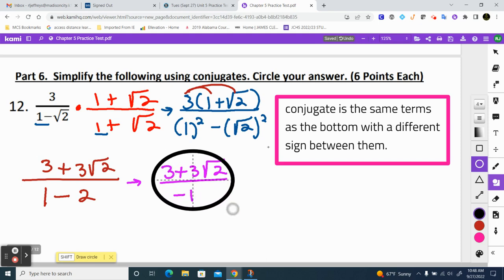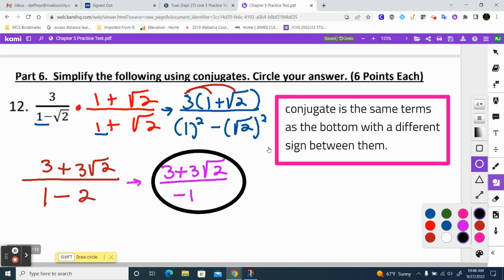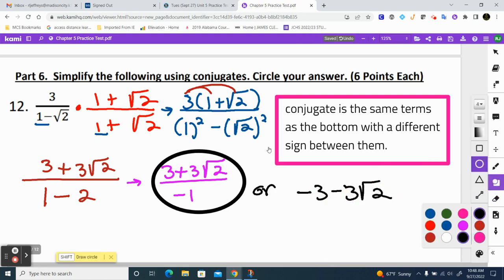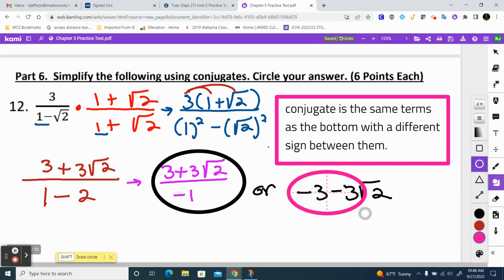If you need to take this and circle it, that's okay. Or you could actually divide everything by -1 and you would get something like this. Now, either one of these is okay.